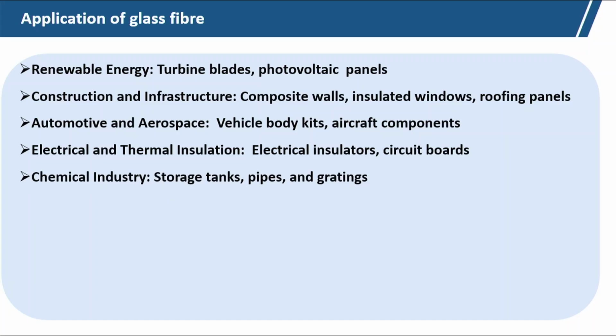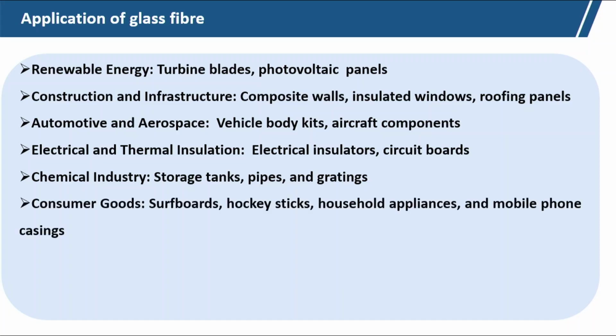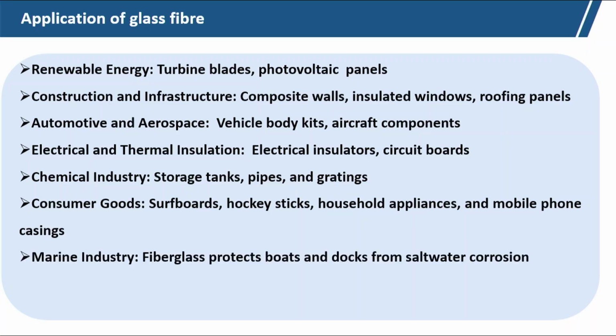Chemical industries, storage tank, pipes and grating. So, we can use the glass fibers due to its corrosion protective characteristics. And consumer goods, surf boards, hockey sticks, household appliance, mobile phone casing. So, we use the glass fibers.